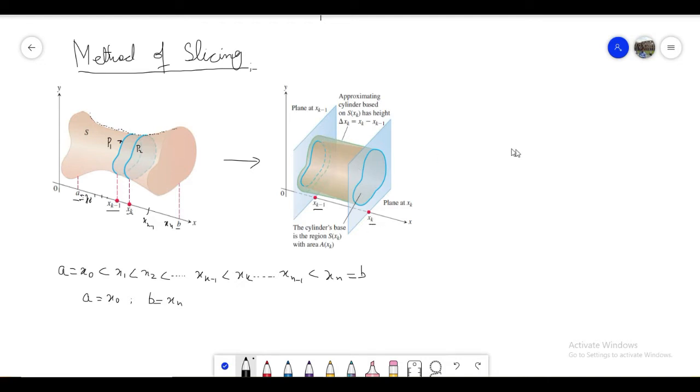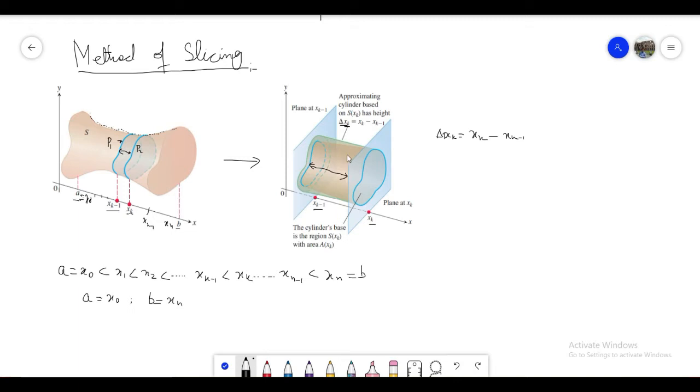Of course, xk minus xk minus 1 will have some width, which is represented by delta xk, and delta xk is simply the final xk minus the initial xk minus 1. This is only the approximate cylindrical base, or the width of only one loaf or one slice, but we have to compute all of them.